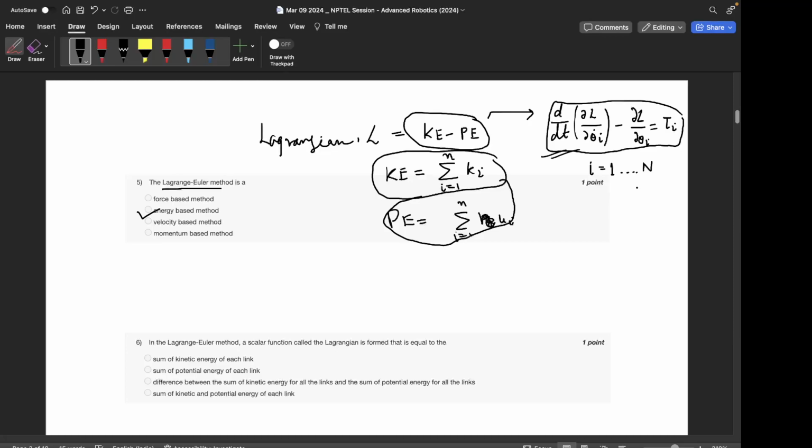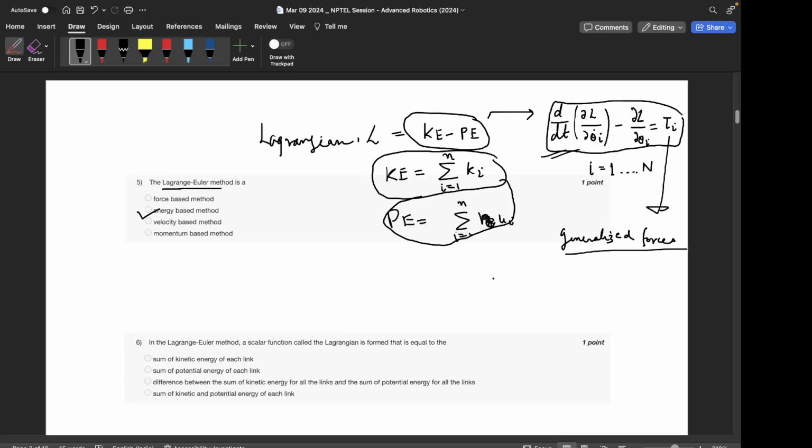You write this equation for every degree of freedom, because this tau i is what is called, in more formal terms, generalized forces. We are calling them torques, but the more formal term is generalized forces, and generalized forces are the forces which act on those degrees of freedom.